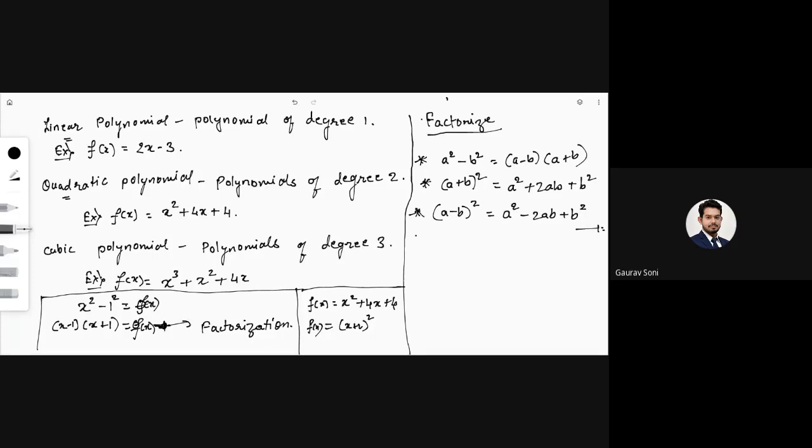The similar formulas are for degree 3. Degree 3 is a minus b cube. I'll write down a plus b cube first of all. Yes, anyone? A cube plus b cube plus 3ab plus 3a plus b. No. Mansi, tell me.